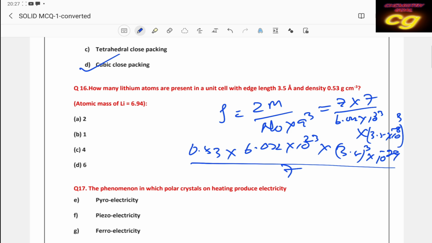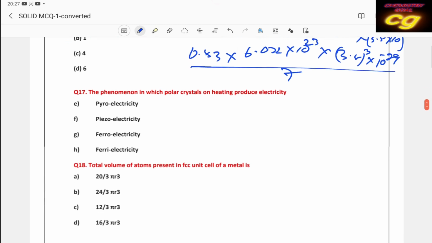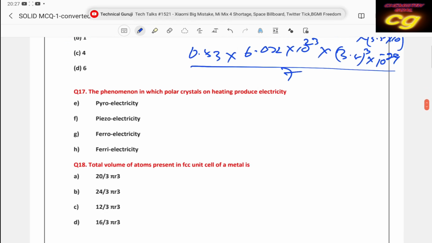Just think, answer is A, that is 2. If you solve it, you will get 2. So try to solve this. How can you solve the question very fast? You have to think.